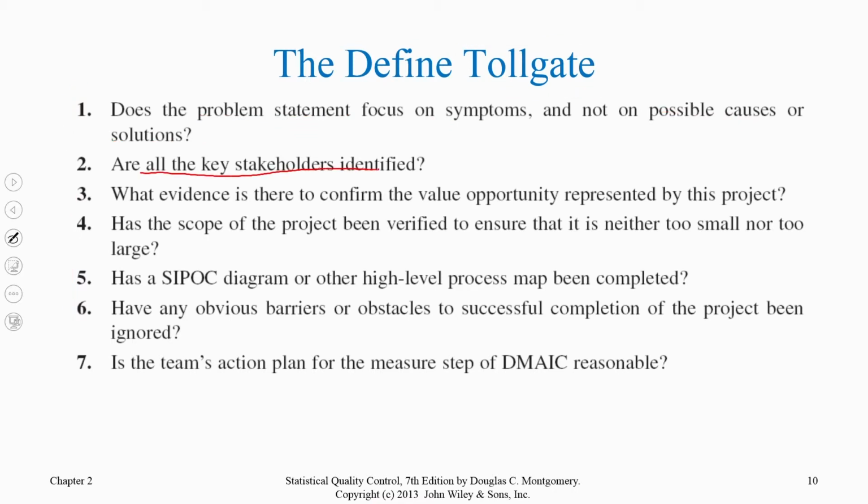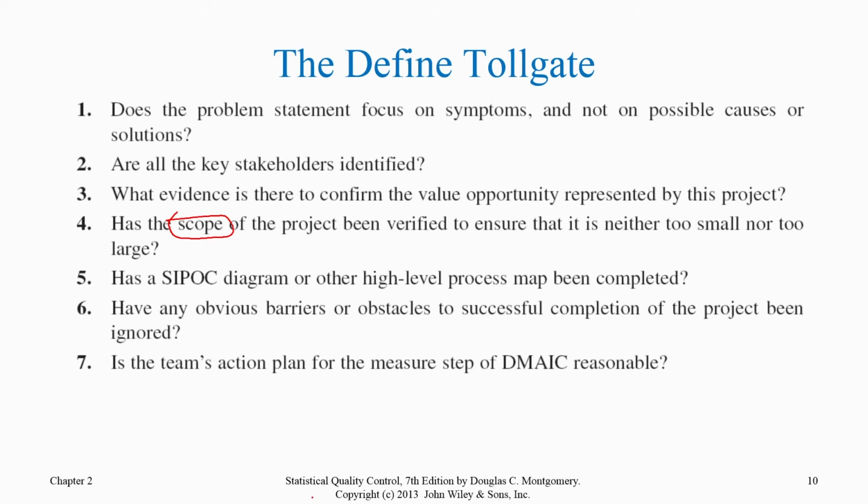Have all key stakeholders been identified, which means all people involved should be considered in this phase? What's the evidence to confirm the value opportunity? If you're saying it's a high impact project, how do you know that? You should have some evidence. Verifying the scope is also quite important. It cannot be too small and cannot be too broad.